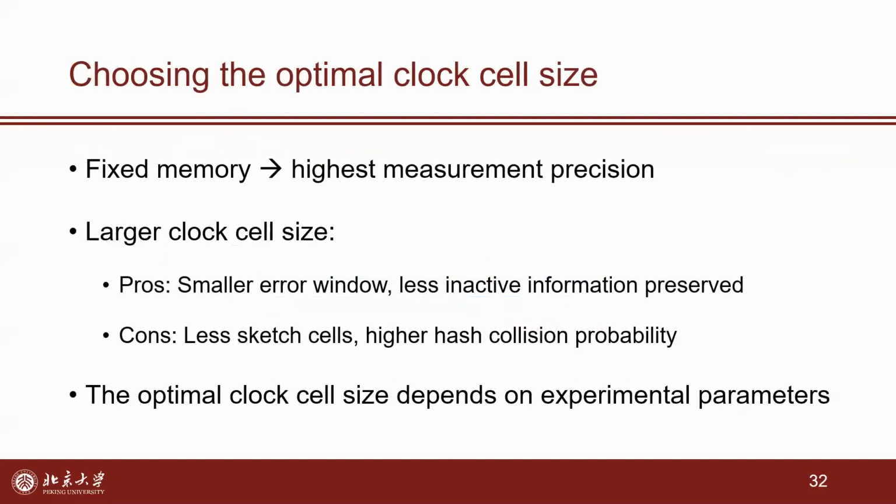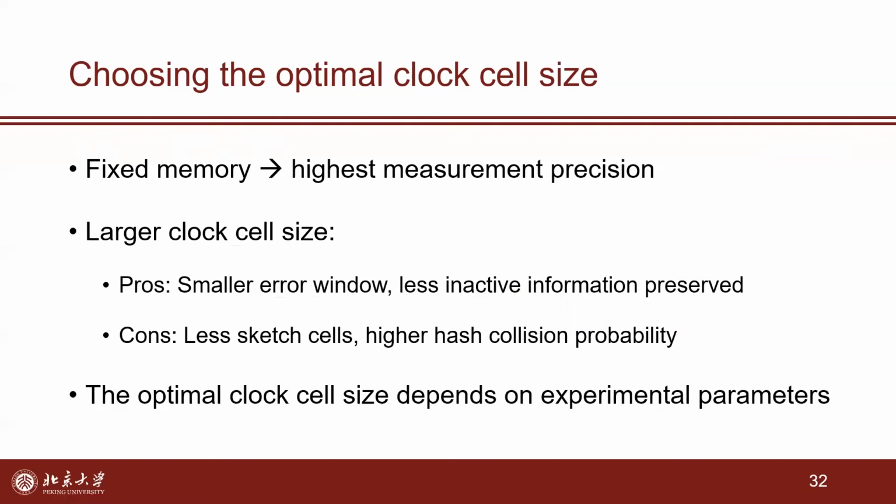However, there is a limit because we always have fixed memory to do measurement and want to get the highest measurement precision. If we use a larger clock cell size, the pro is that we can have a smaller error window and thus have less inactive information preserved. However, there is a trade-off because each clock cell is larger and the pair of sketch cell and clock cell takes more space.